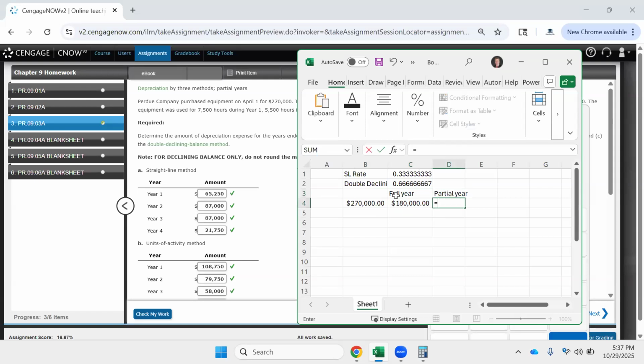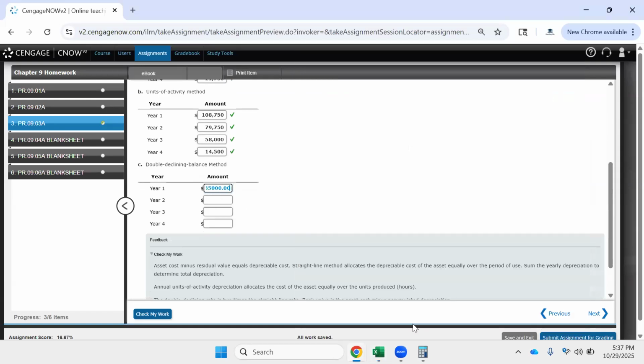But we're only doing a partial year, so we have to divide it by 12 months and then multiply the number of months by 9. So we get 135,000 of depreciation in the first year for this asset.